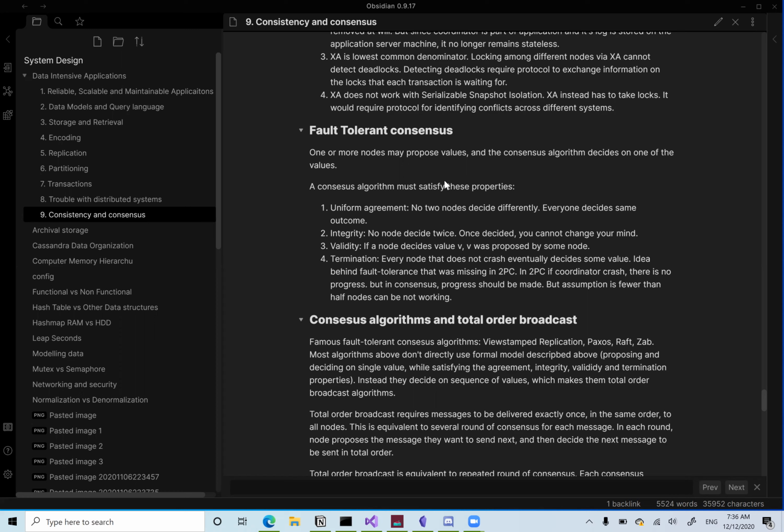Then we will see the basic fundamentals and principles behind building fault tolerant consensus that are shared among Raft and other similar algorithms. Then, if we have time, we can discuss some of the membership and coordination services that use fault tolerant consensus and provide other services, like Zookeeper.